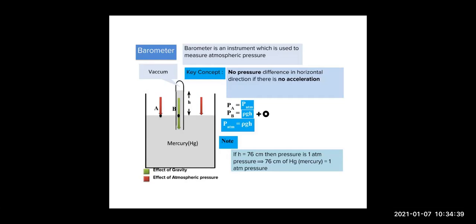We are going to take a glass tube of uniform area of cross section, and we are going to fill it. Suppose here we have taken mercury. We fill it with mercury, then we put our thumb on the open end and invert it into this beaker, which is filled with mercury. And then you are going to remove your thumb, right?